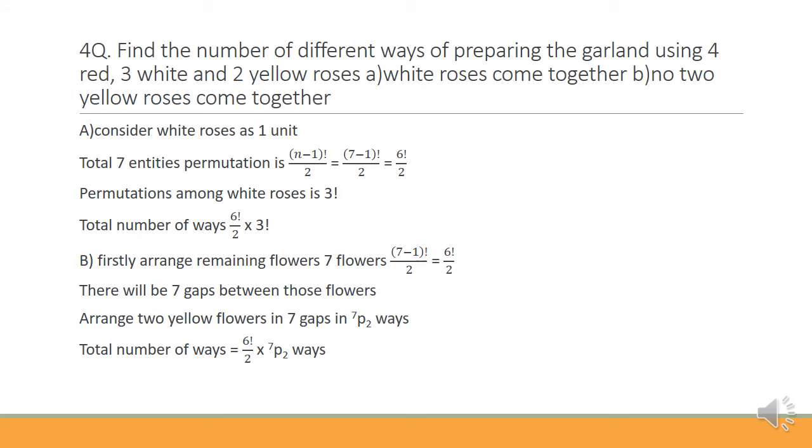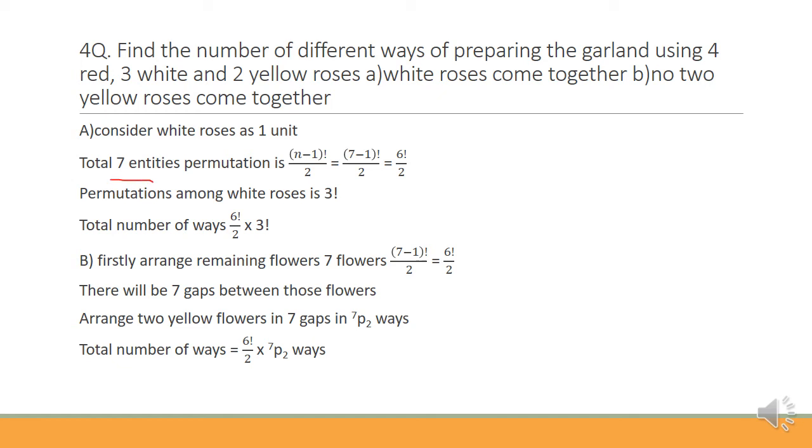Here, find the number of different ways of preparing a garland using 4 red, 3 white and 2 yellow roses. A. White roses come together. B. No 2 yellow roses come together. So first, question A. All white roses come together. Consider all white roses as one unit, and along with the remaining roses, it will become 7 entities.